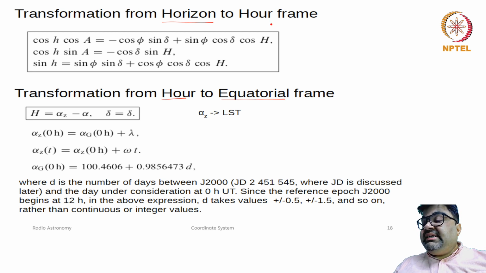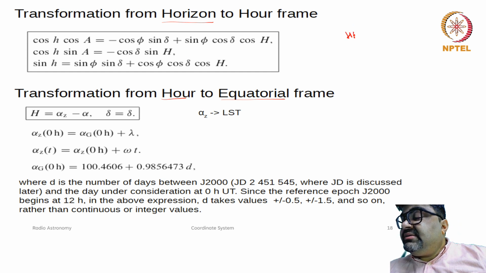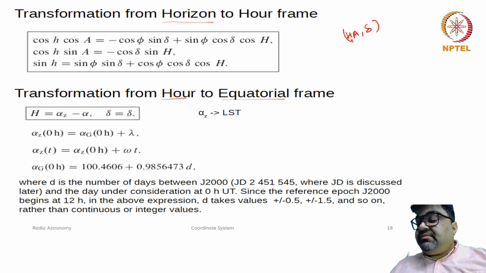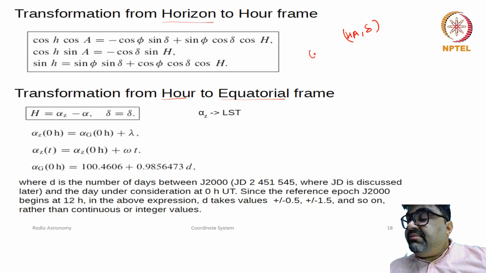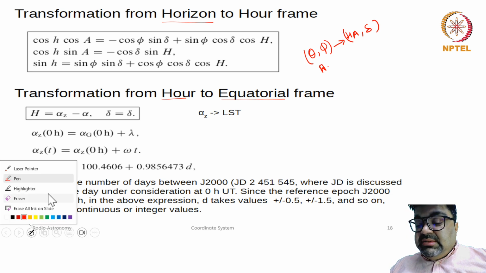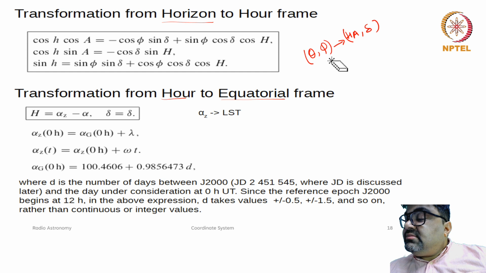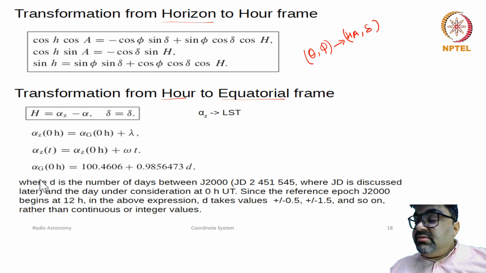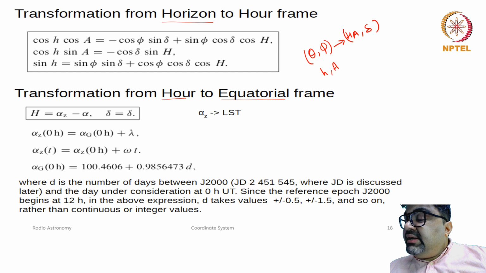So the hour frame is that intermediate one, which has the hour angle and declination, and then hour angle and declination to RA and delta. So this is the horizon, defined by theta and phi, or the elevation and azimuth, also called the altitude. It is defined by the altitude and azimuth.